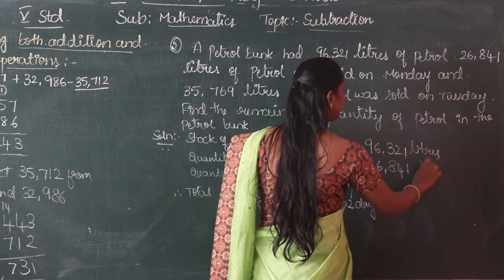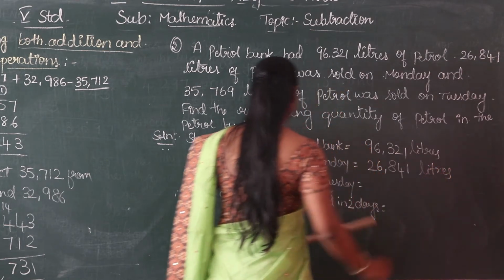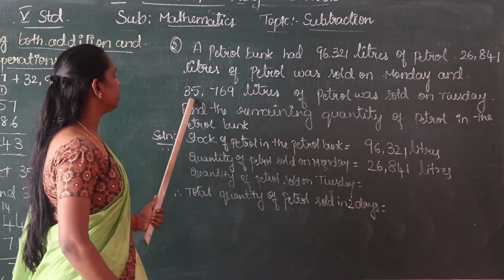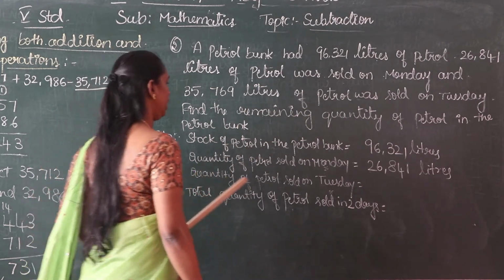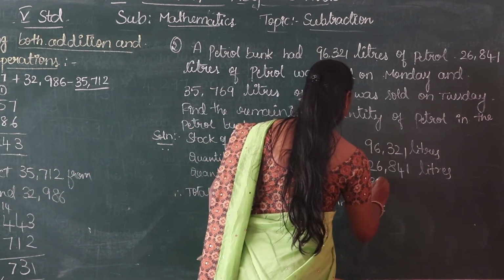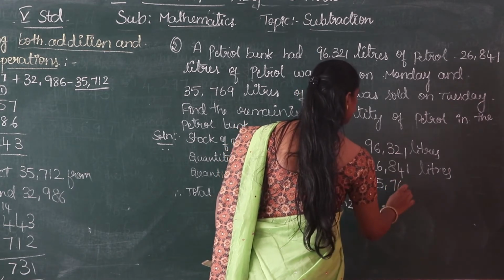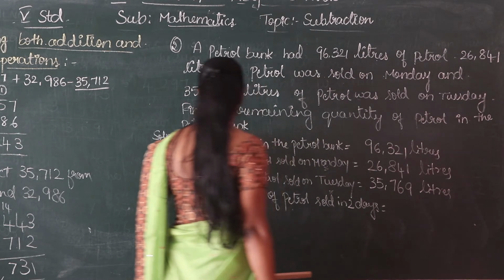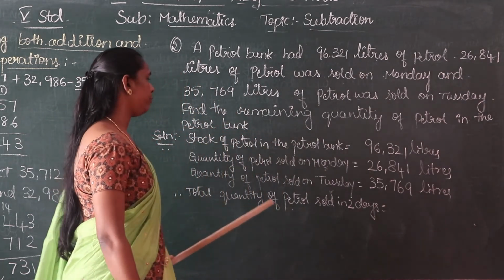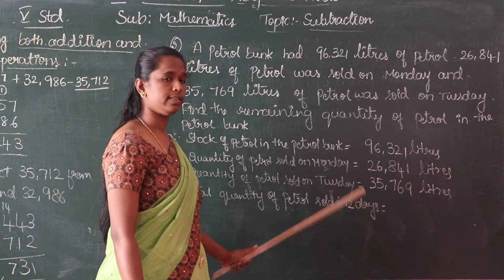Next, on Tuesday, 35,769 liters of petrol was sold. The total quantity of petrol sold in 2 days.